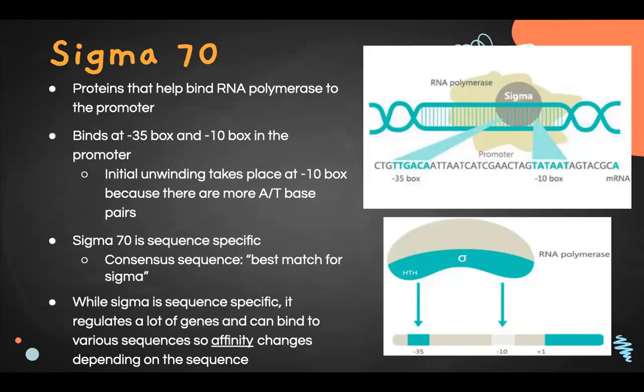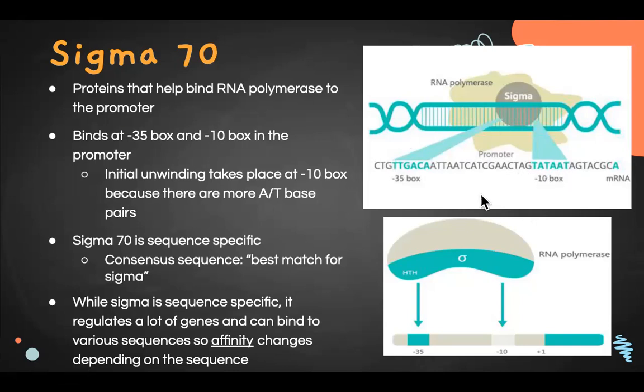Specifically, we focus on sigma 70, and it's a protein that helps RNA polymerase bind to the promoter because it is a transcription factor. It's a general transcription factor, like I said a second ago, but it is consensus sequence specific. So it binds at the -35 box, which is here, and then the -10 box over here.